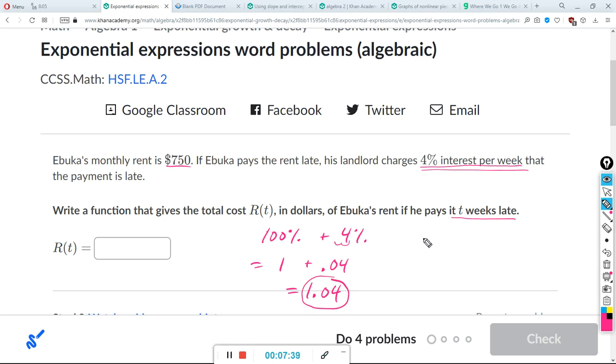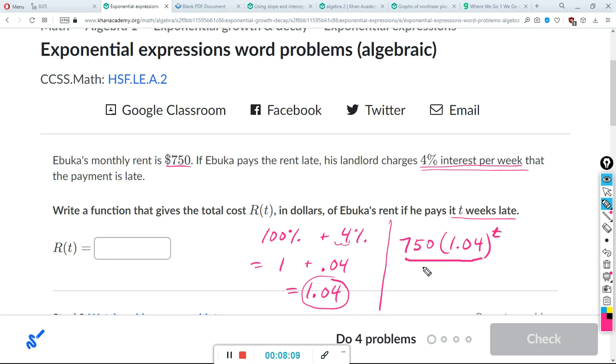Okay, so we started with 750. We want to increase it by 4% each time, so that's times 1.04. And that occurs each week. T represents the number of weeks, so the exponent is just T. This way, every time T goes up by 1, it gets multiplied by 1.04 and it increases by 4%.